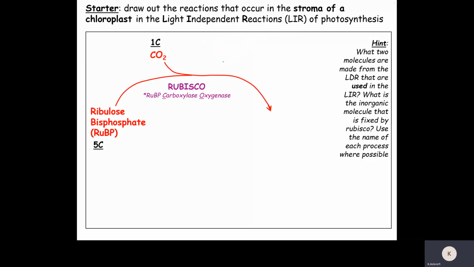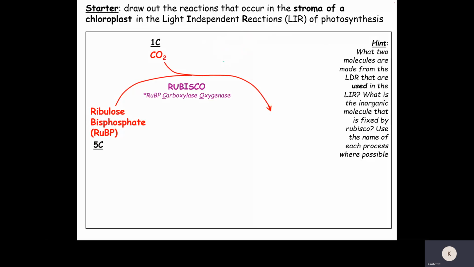Now Rubisco, as long as you know the name of that, is okay. It's an enzyme. It catalyzes carbon dioxide fixation, but it does stand for RuBP, or ribulose bisphosphate carboxylase oxygenase. So the carboxylase reaction is the fixation of carbon dioxide onto RuBP.